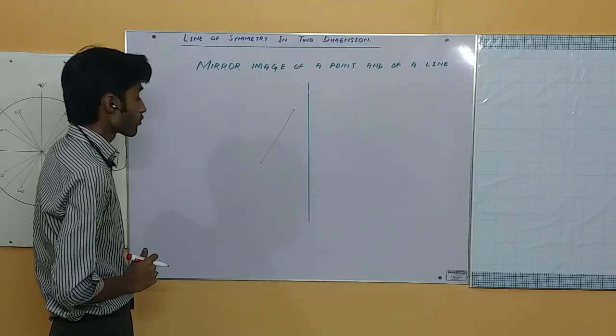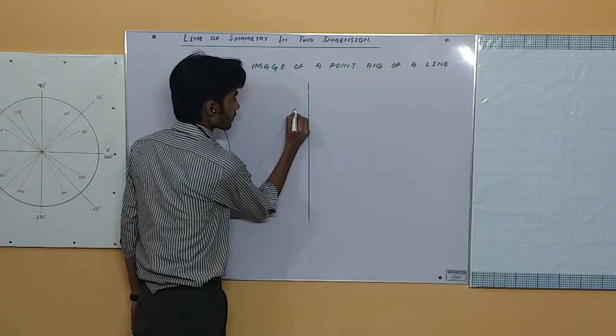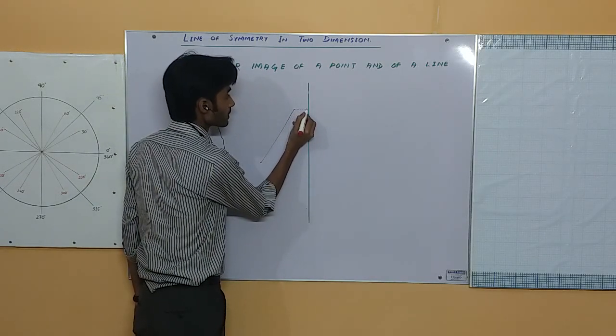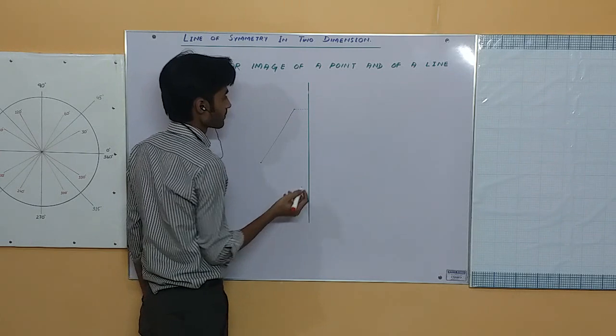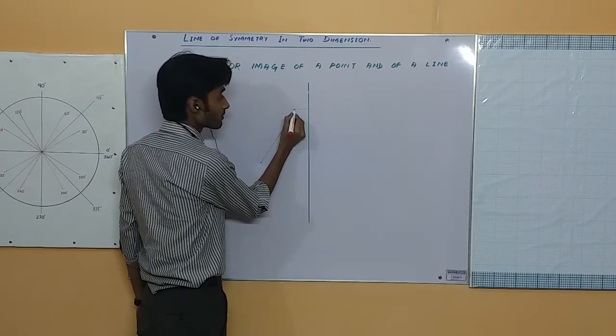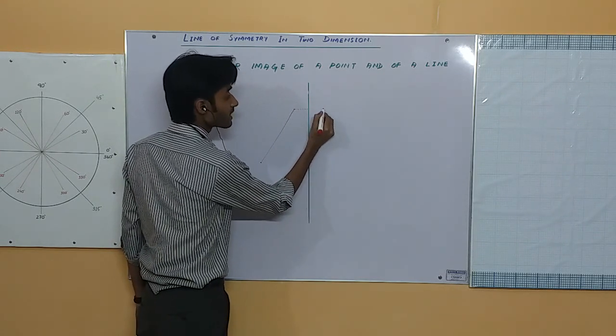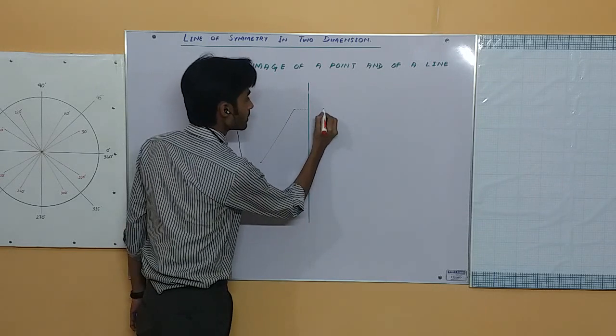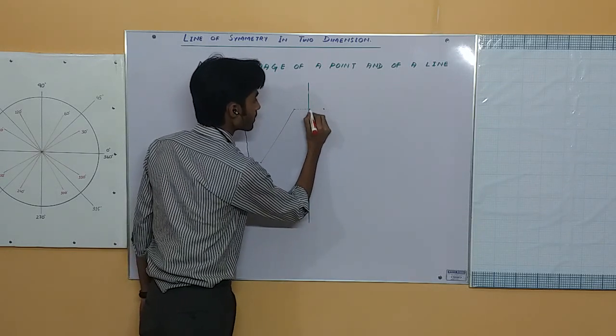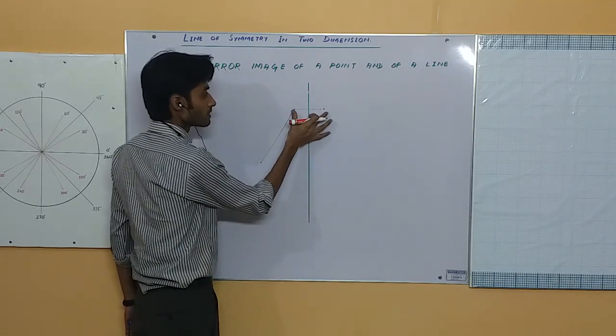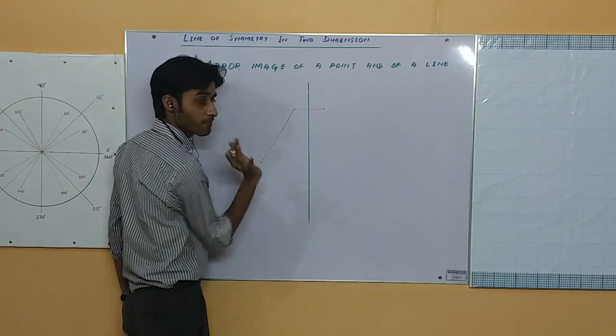How far apart are they from the axis of symmetry? Okay? Have a look at this. This is, let's suppose, 1 centimeter or 2 centimeter away. So the mirror image of this point should be 2 centimeter away on the other side, somewhere over here. Okay. This distance has to be same as this.